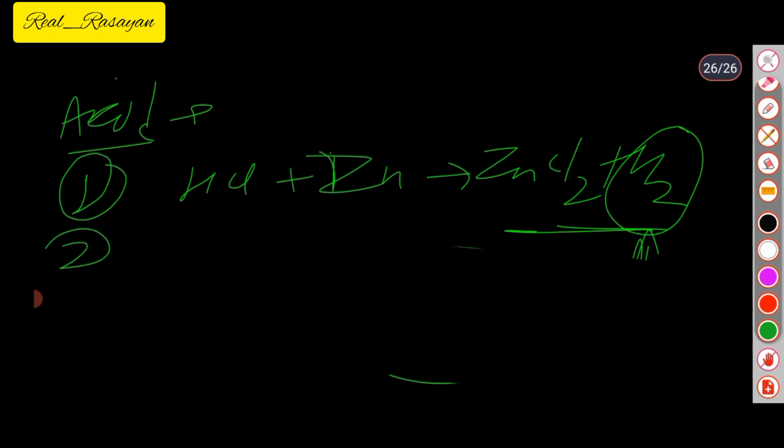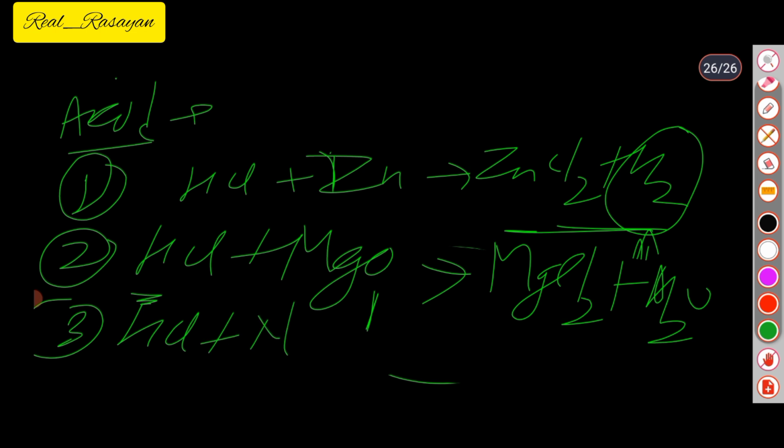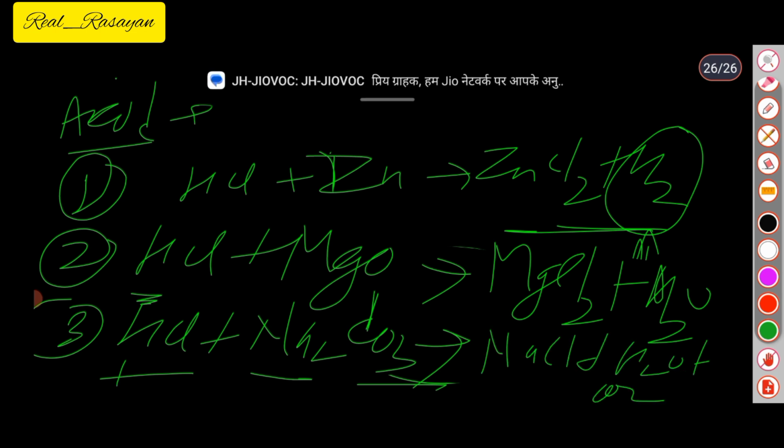Next rule, acid reacts with metal oxide, then salt plus water. This oxygen will combine with hydrogen to form water. Next point, if acid combines with metal carbonate, then salt plus water plus carbon dioxide, like NaCl, CO2 and H2O.